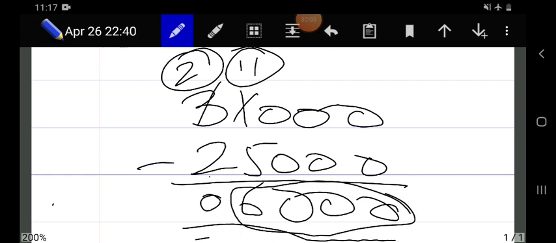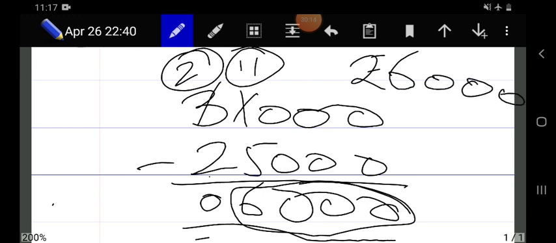So the estimated amount she paid more for the laptop is rupees 6,000. Don't forget to write the rupee sign, I'm telling you again.